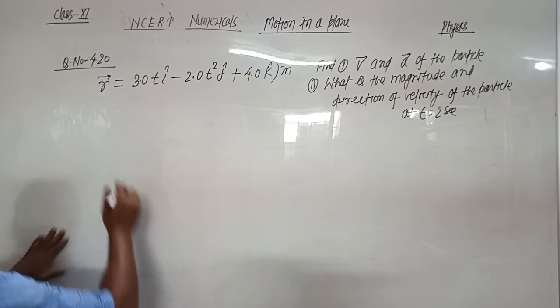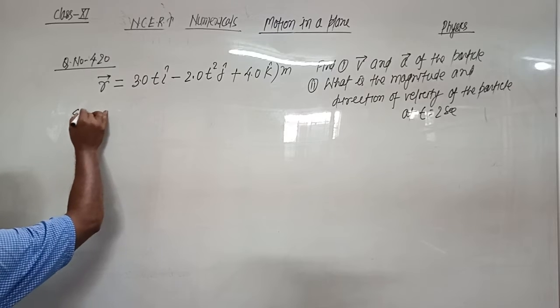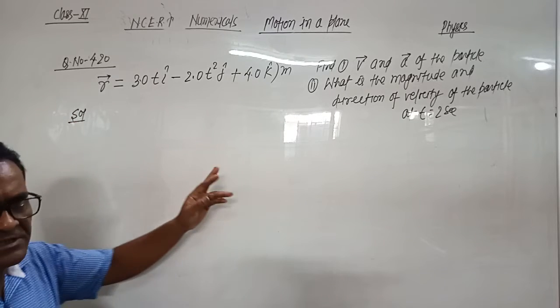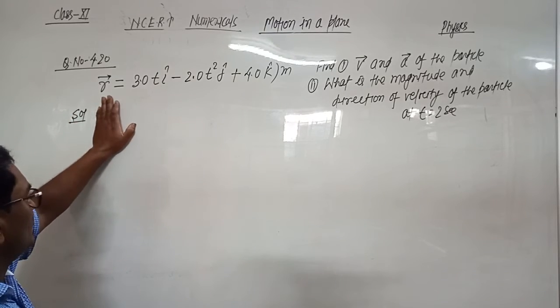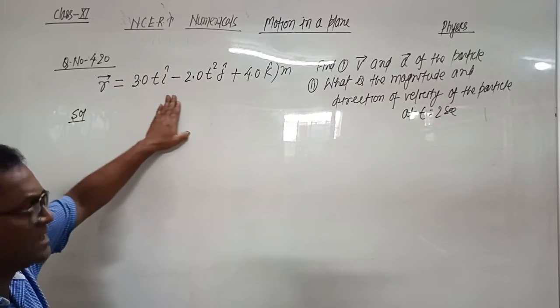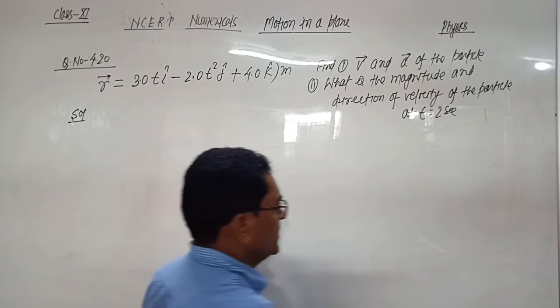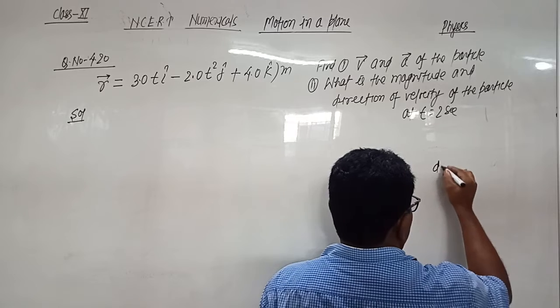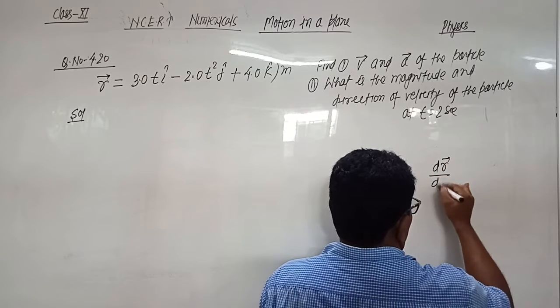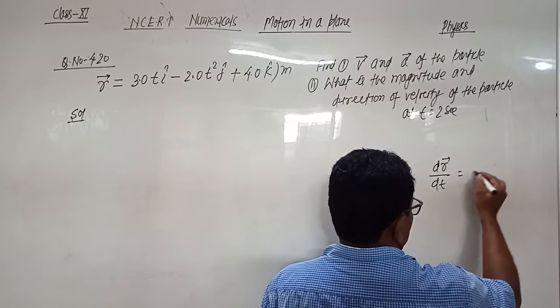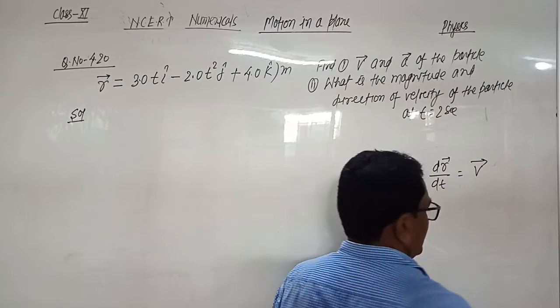So we use differentiation. We differentiate r with respect to t, because we know that dr by dt, the rate of change of position, gives velocity.